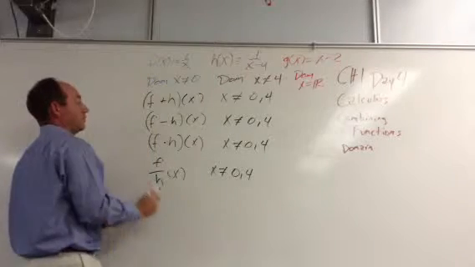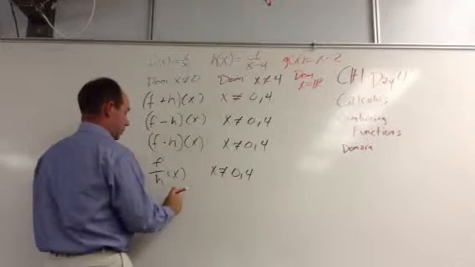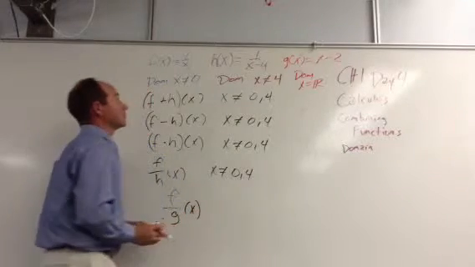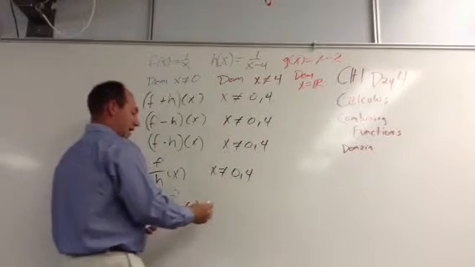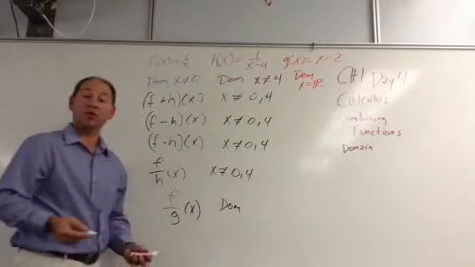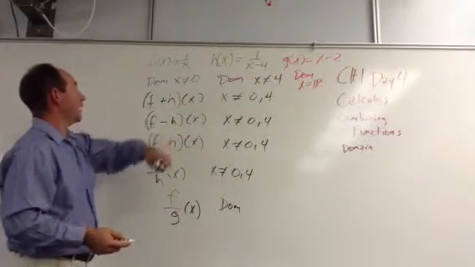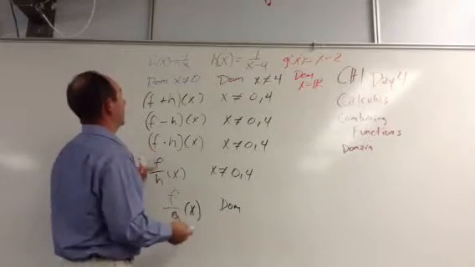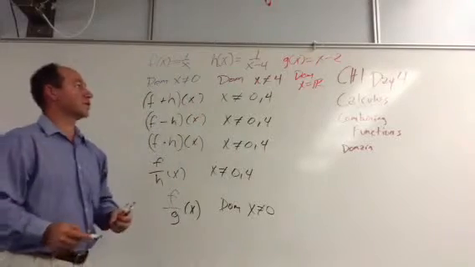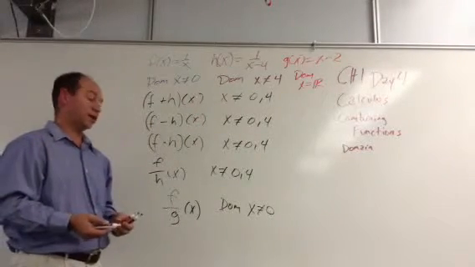And if I say f divided by g of x, what's the domain? Here's the deal. It has to work in both. Everything except for 0 will work in f, so x cannot equal 0. Everything works over there, so it should be all the rest of the reals.